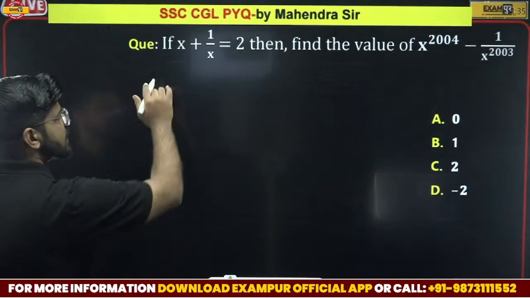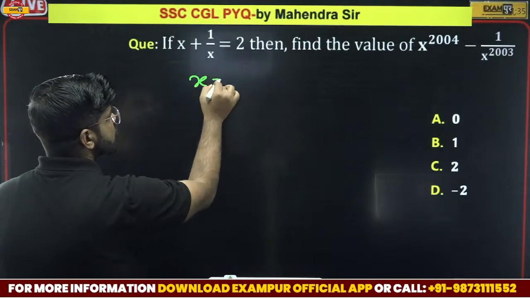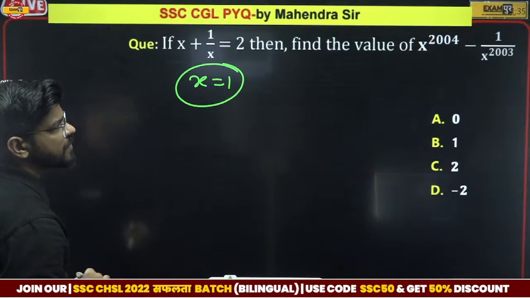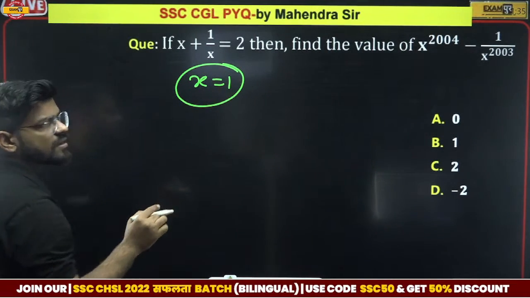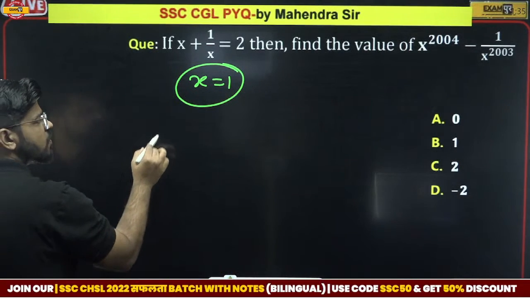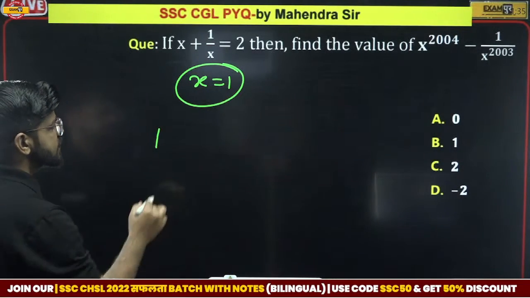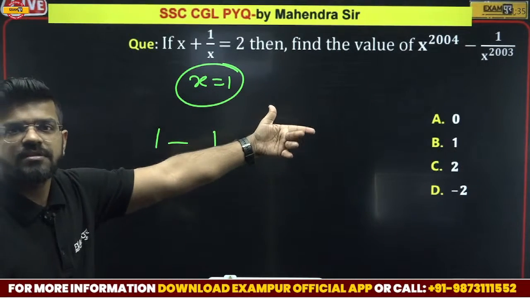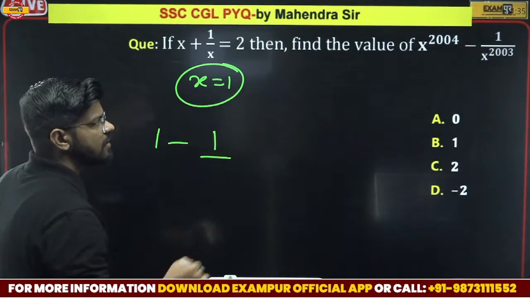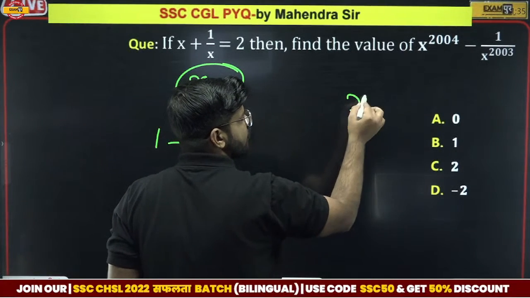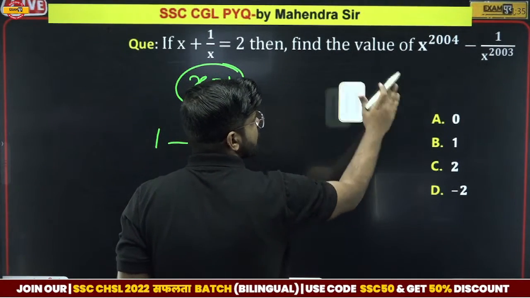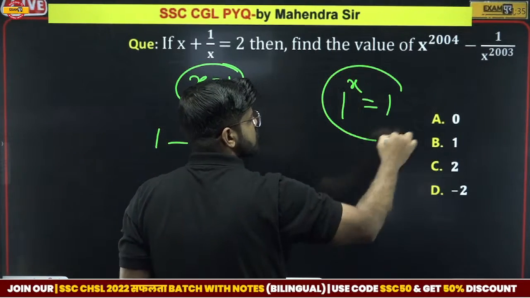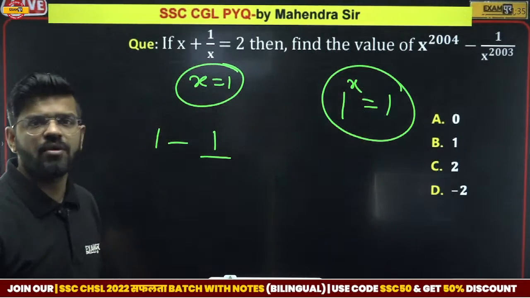So if x plus 1 upon x is equal to 2, then x is equal to 1. That means x to the power 2004 is nothing but 1, and minus sign, x to the power 2003 is nothing but 1, because 1 to the power anything will always give you 1.